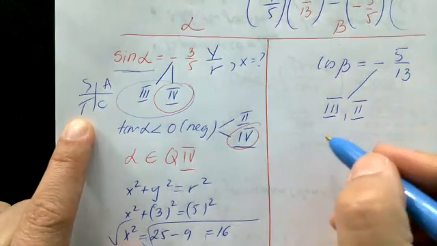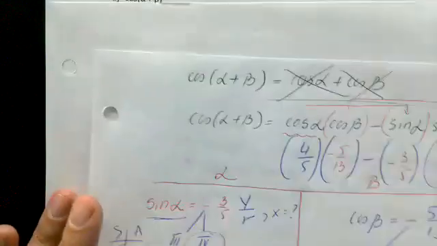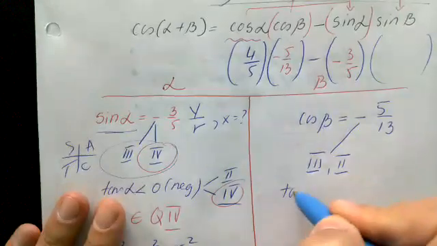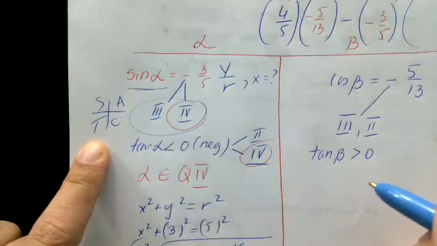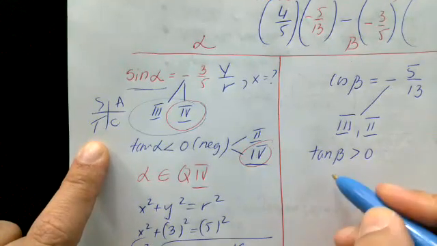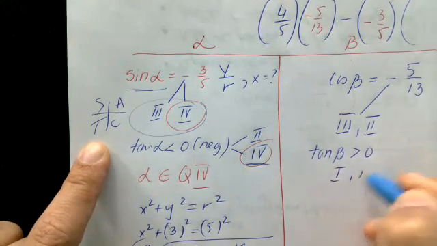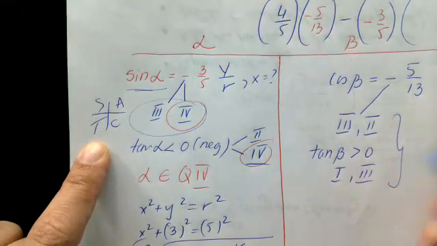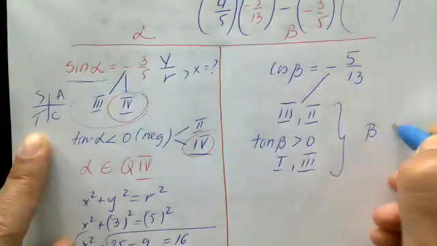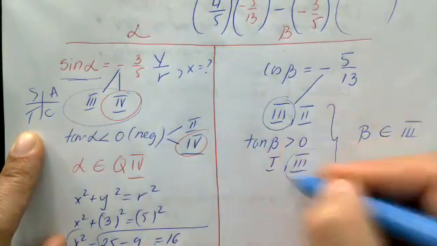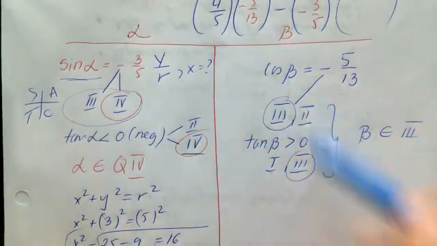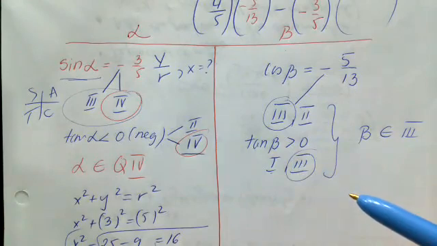And then we also know from the givens of the question that tangent of the same angle, tangent of beta, is positive. So tangent is positive in which quadrant? One and three, therefore, angle beta is in which quadrant? Three. They're the same, right? It cannot be in one or two because it doesn't work for both of these pieces of information.